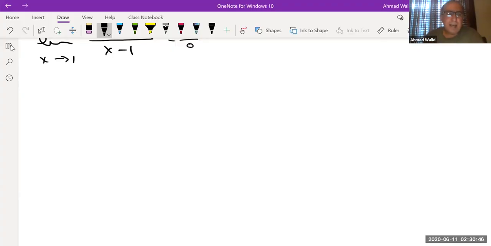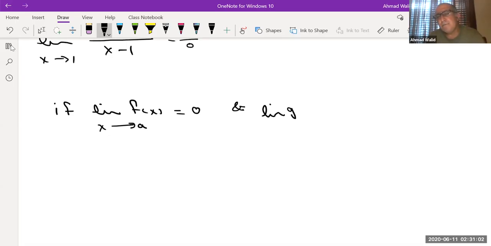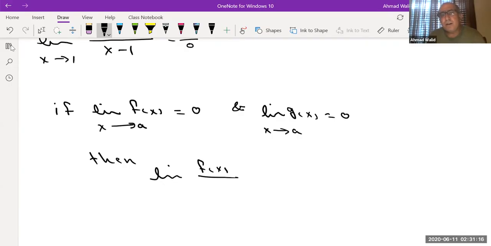Let's say in general, if I have the limit of f of x as x approaches a, and it gives me 0, and at the same time the limit of g of x as x approaches a gives me 0, then the limit of f of x over g of x as x approaches a gives you 0 over 0, correct?